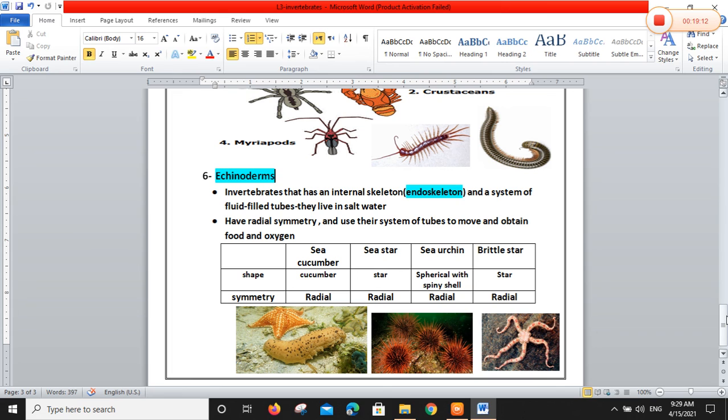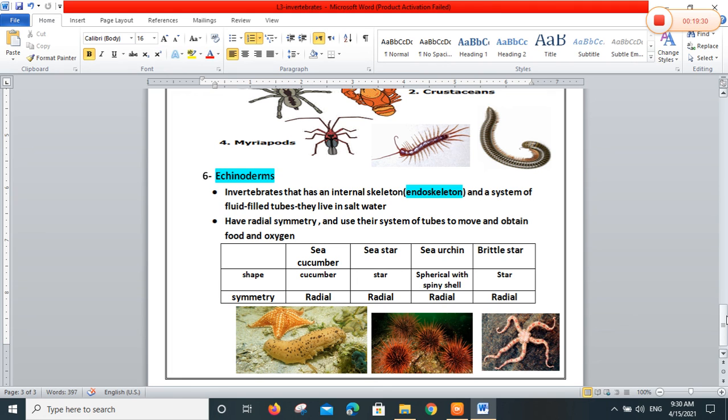We mentioned the part that characterizes echinoderms: a system of fluid-filled tubes. They live in salt water.